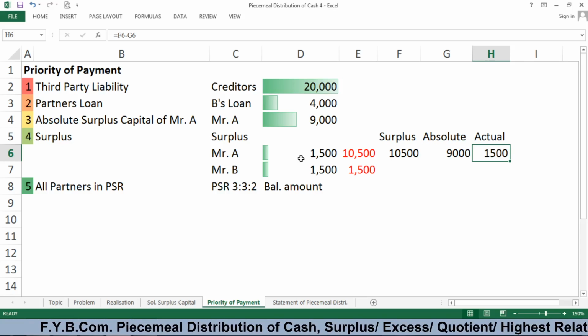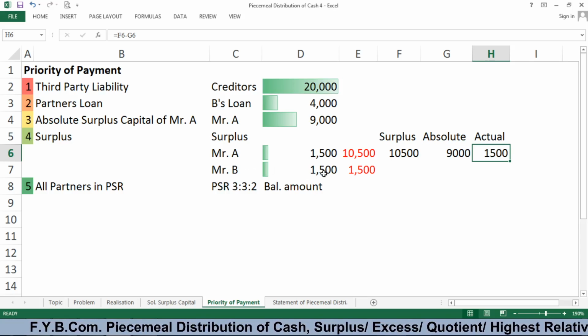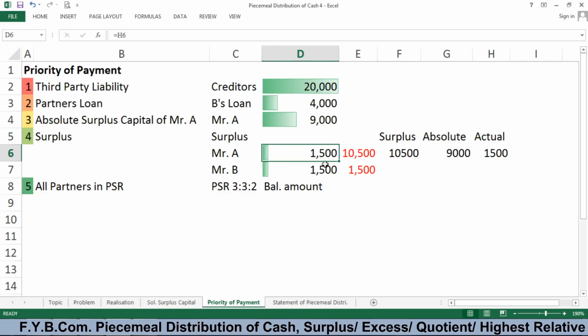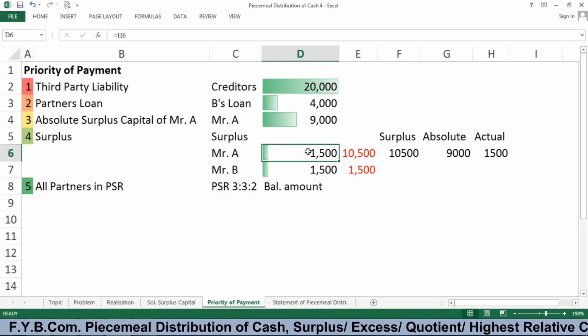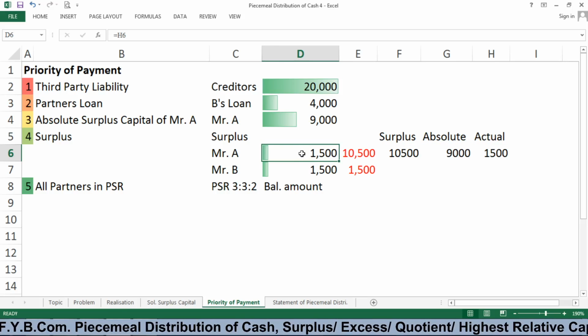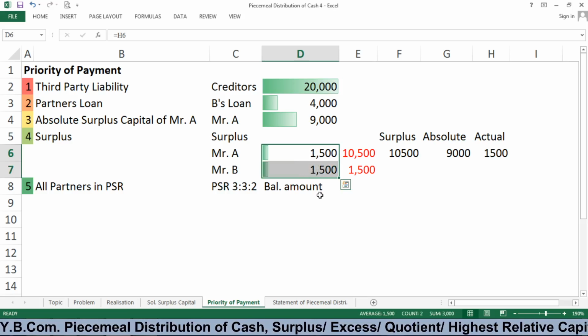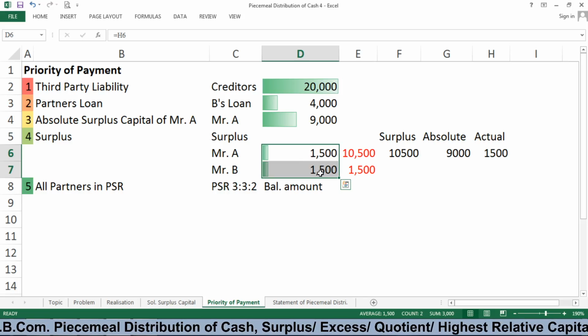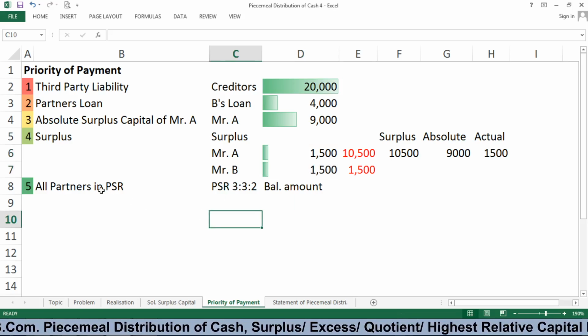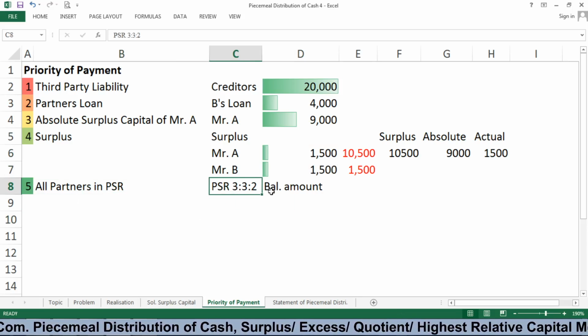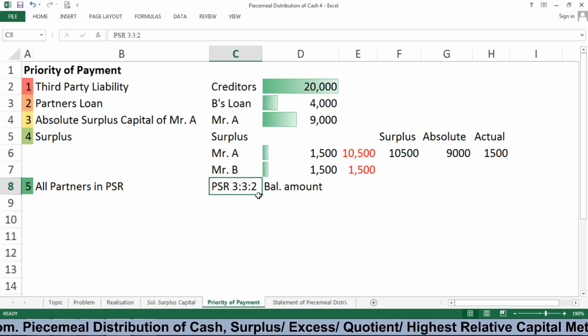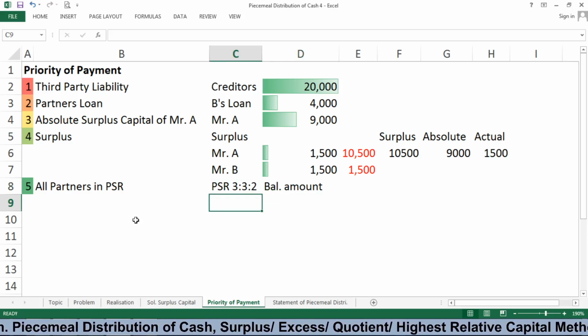So Mr. A will receive 1,500 and Mr. B will receive 1,500. So here the ratio is 1 is to 1. If the amount is less, at that time we will calculate the ratio, and it is 1,500 is to 1,500, that is 1 is to 1. So the balance amount whatever we have, we will distribute in profit sharing ratio, that is 3 is to 3 is to 2. So this is the priority of payment.